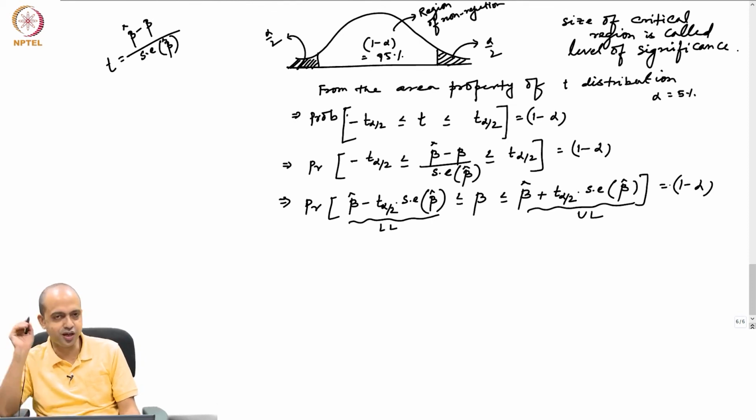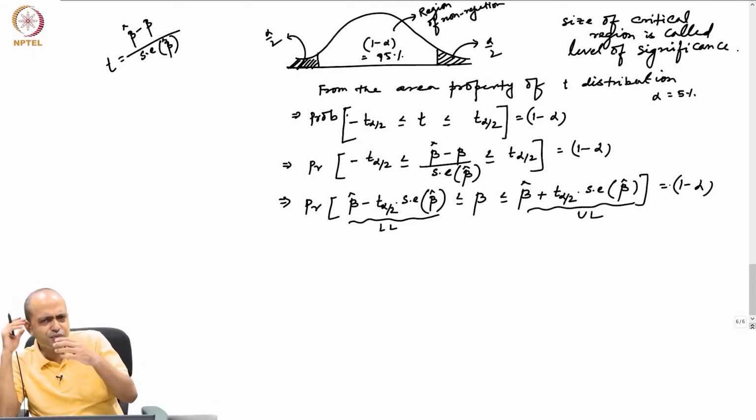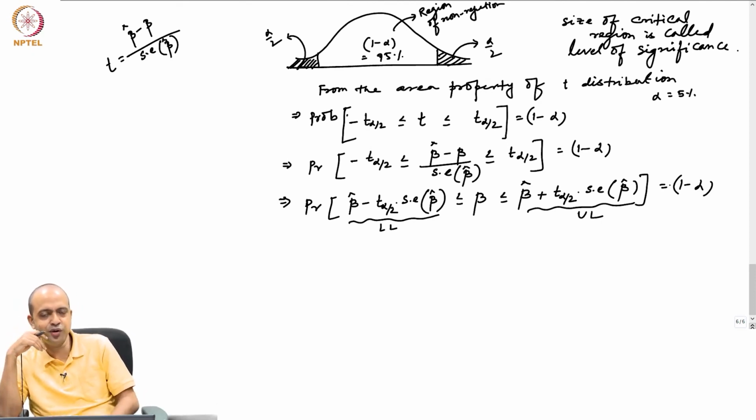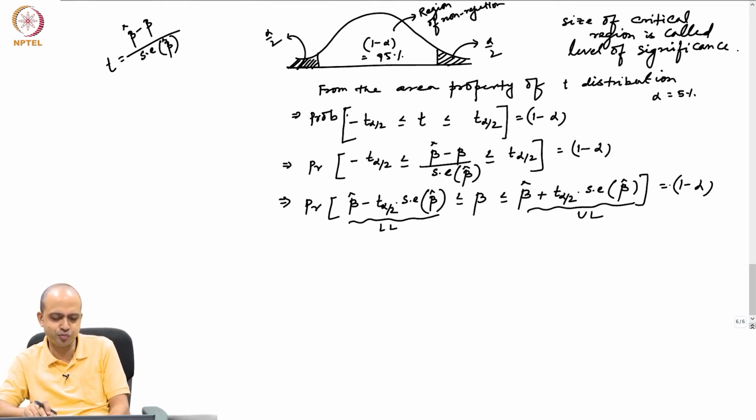That may appear as a ready-made interpretation. Since this is a probability statement, I will say that the probability that this interval will capture the true population parameter beta is 95%. But you have to sincerely keep in mind that this interpretation is wrong.